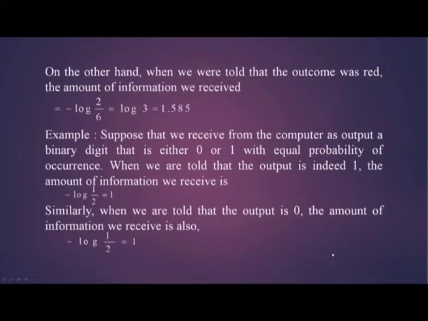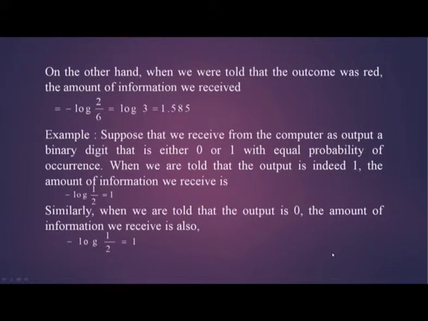Another example, suppose that we receive from the computer as output a binary digit that is either 0 or 1 with equal probability of occurrence. When we are told that the output is indeed 1, the amount of information we receive is minus log half, because there are only two possibilities, 0 and 1.